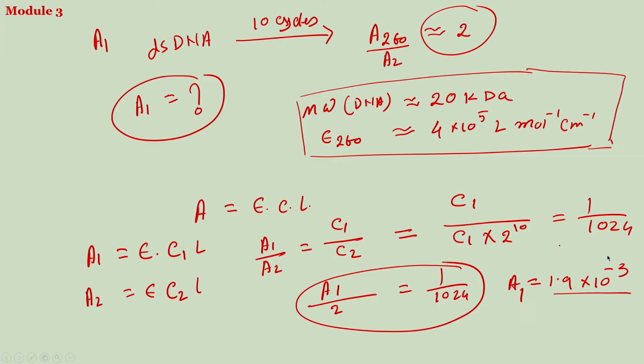So, now let us move our attention to another important aspect, that is called DNA sequencing. A highly important and highly fascinating subject is how to find out the sequence of a given DNA.